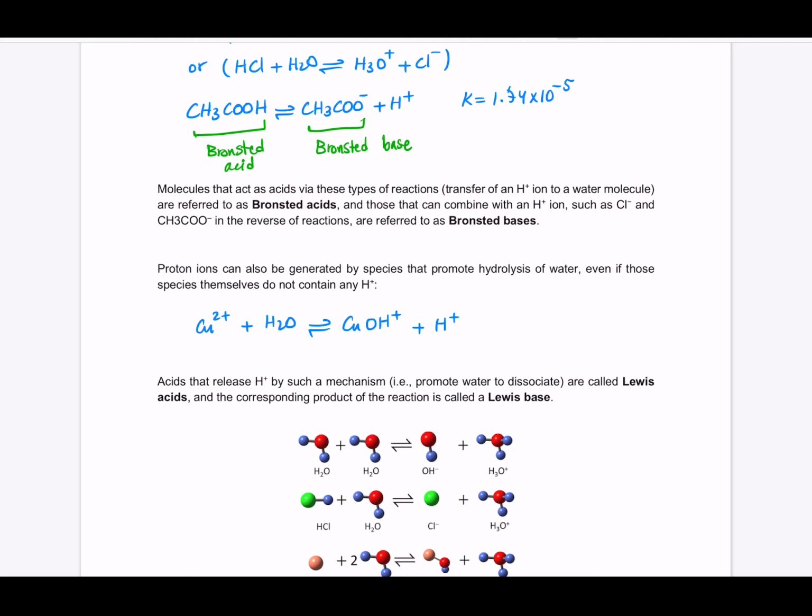So by adding copper that doesn't have any proton, eventually you're producing protons. So this would impact the pH. We call this kind of acid a Lewis acid. And the conjugate one would be a Lewis base.